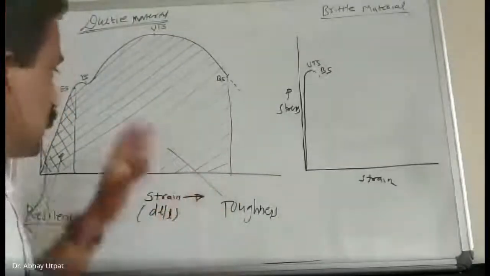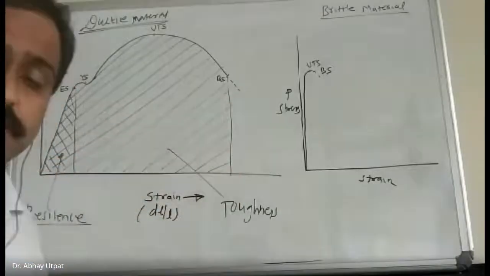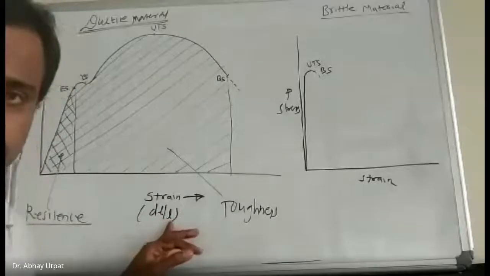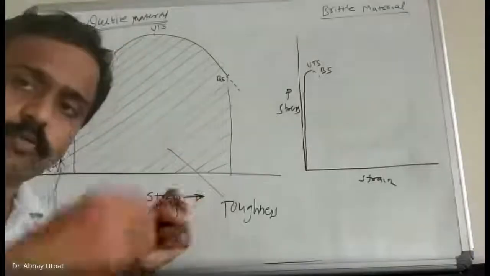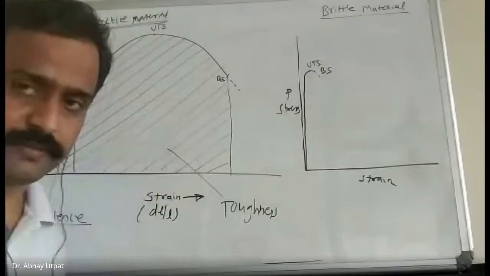Without increasing stress, we will find strain has increased. Strain means elongation. Strain is change in length per original length, and stress is force per unit area. Above that, you go on elongating it. The material will go on elongating.